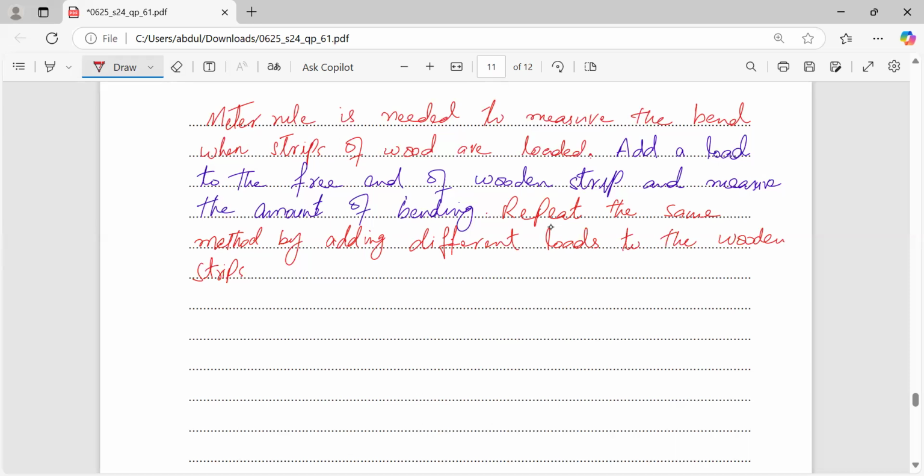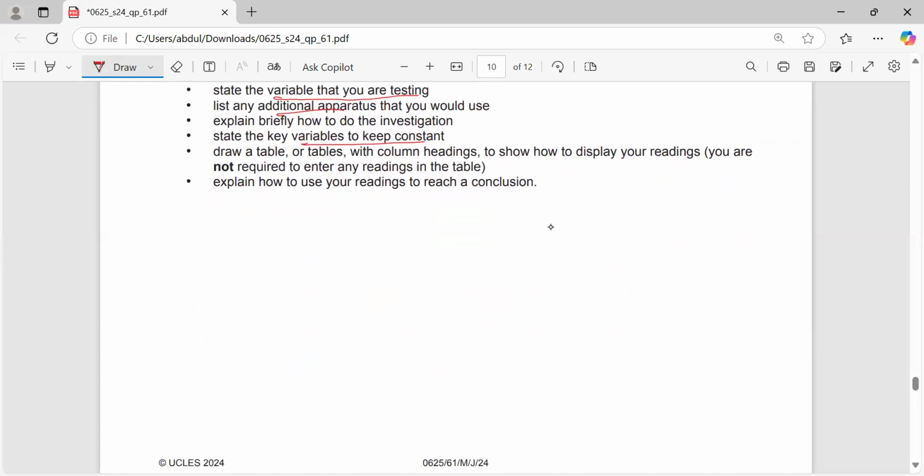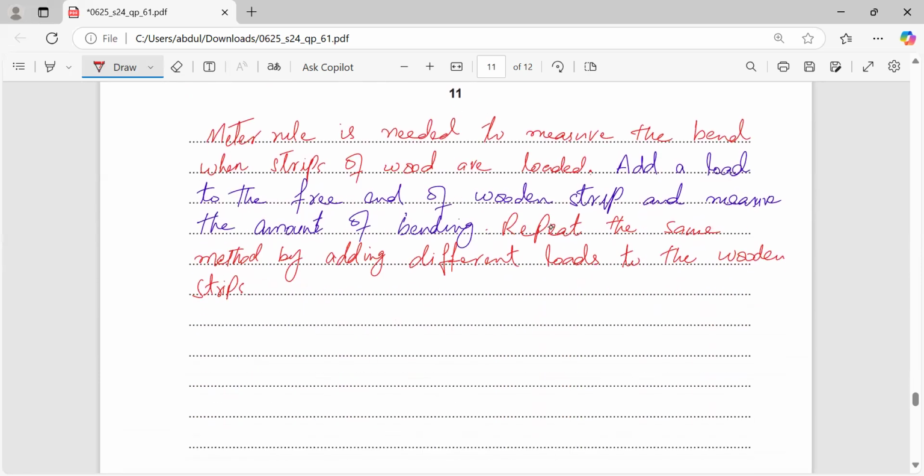So this is the method you can say followed. Then key variable to be kept constant. Length of the wooden strip must be kept constant. And you should write the answer in a paragraph. Length of the wooden strips is kept constant.